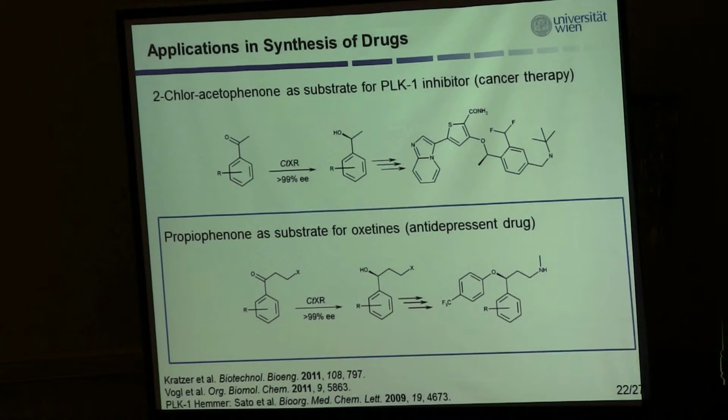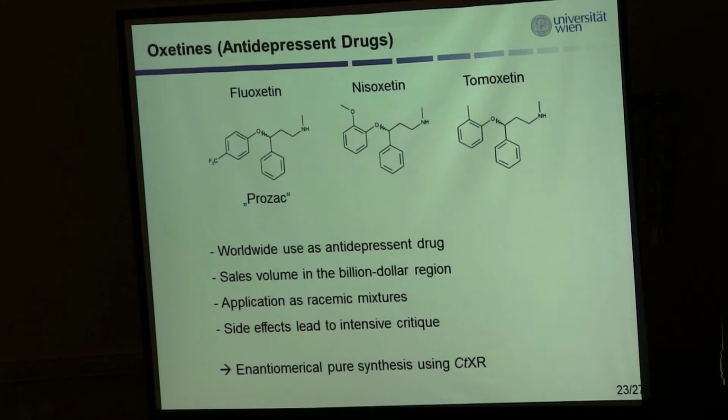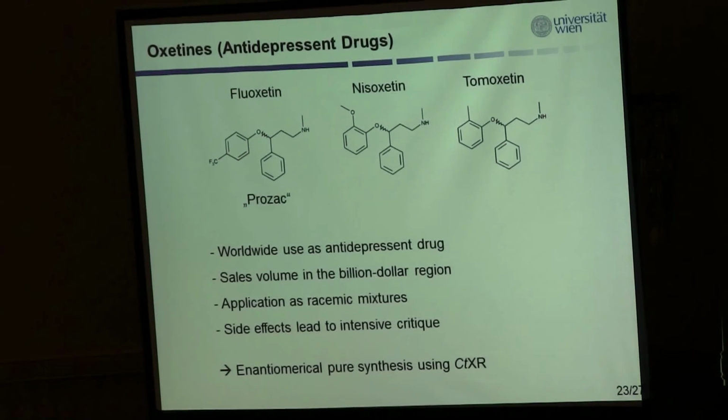on the second one, because that is a family of drugs which is very well known. You probably know Prozac, which is fluoxetine, and the comparable compounds nisoxetine and tomoxetine.